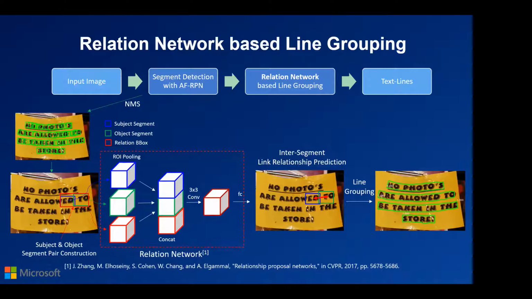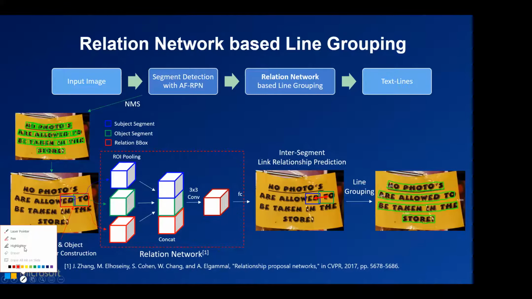The relation network takes two of these segments, extracts visual features out of them, and then takes the union of these two and extracts visual features. We concatenate all the features together, run a convolution network, and then make a decision whether these two segments should be connected or disconnected. With that information, you can group these text segments into lines. And this is what we get in the end on the right.